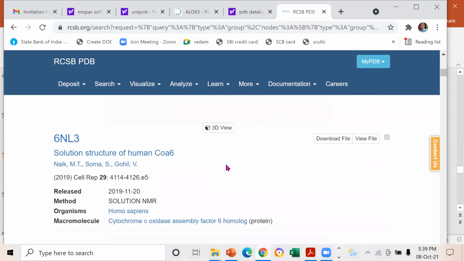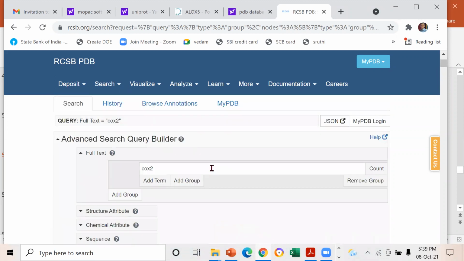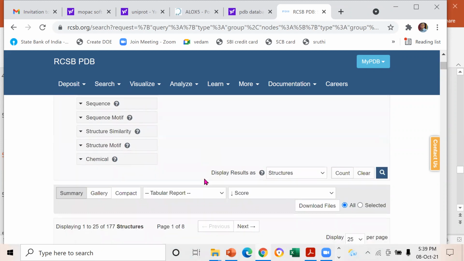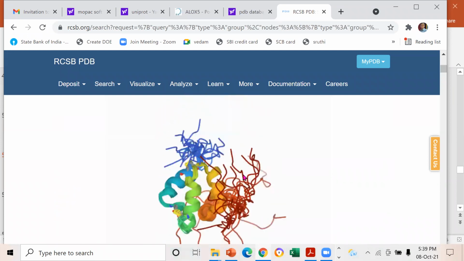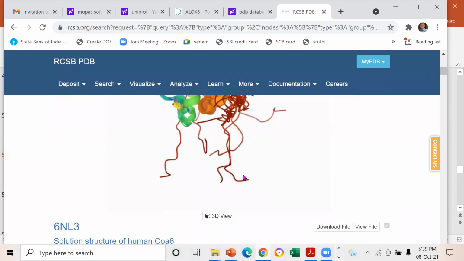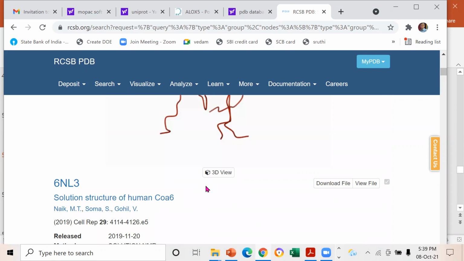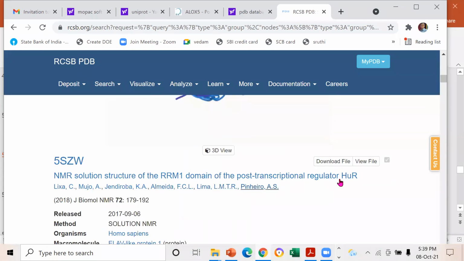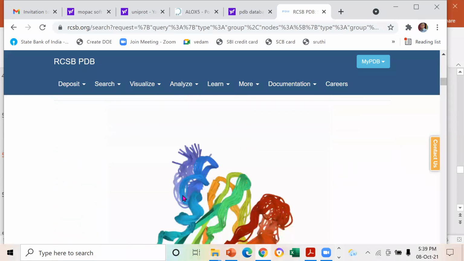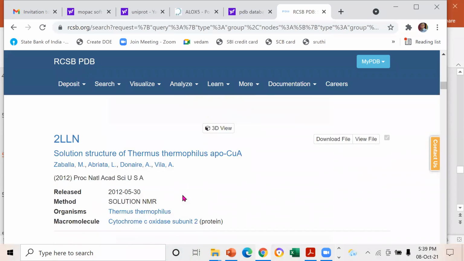So many cyclooxygenase 2 entries are there. I gave a search for COX2, cyclooxygenase 2. You can see a 6NL solution human, a post-translationally modified cyclooxygenase 2.